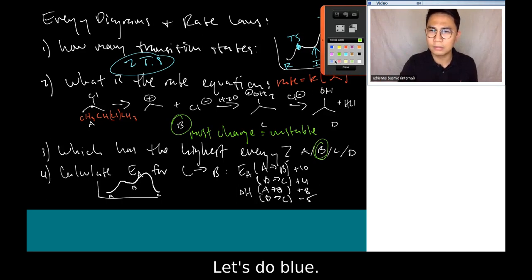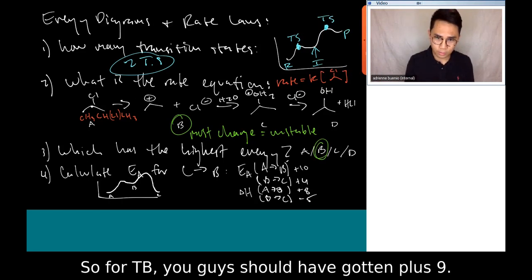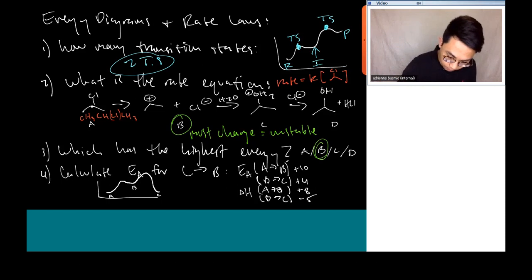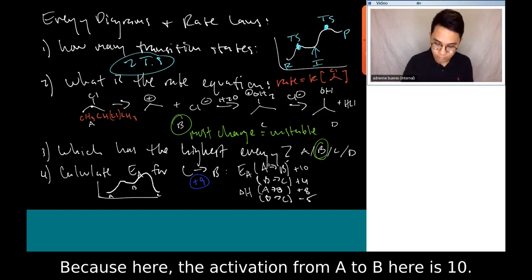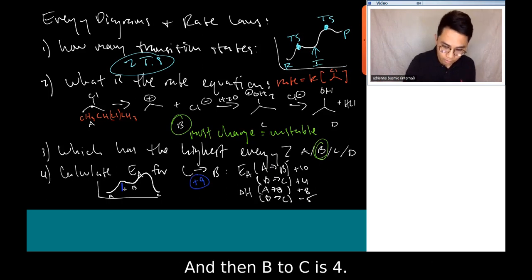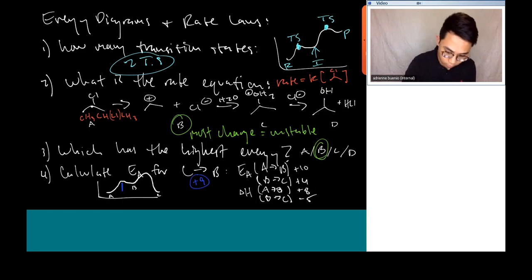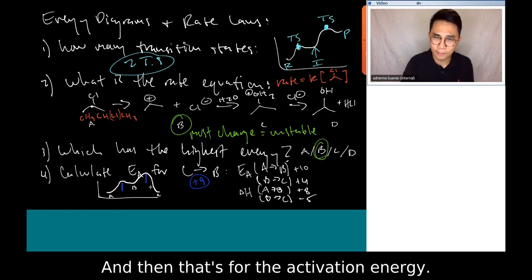Now number four is easier than you think. Let's do blue. For C to B, you should have gone +9. Why? Because here the activation energy from A to B is 10, and B to C is 4. That's for the activation energy.